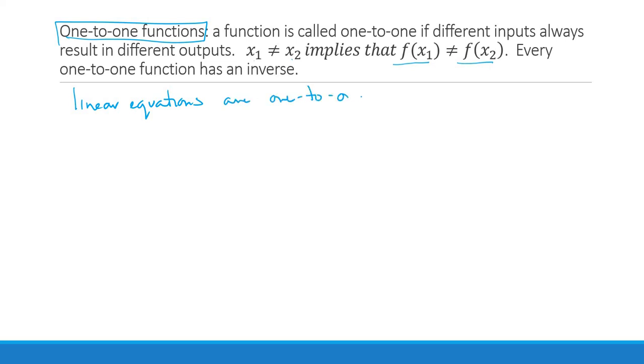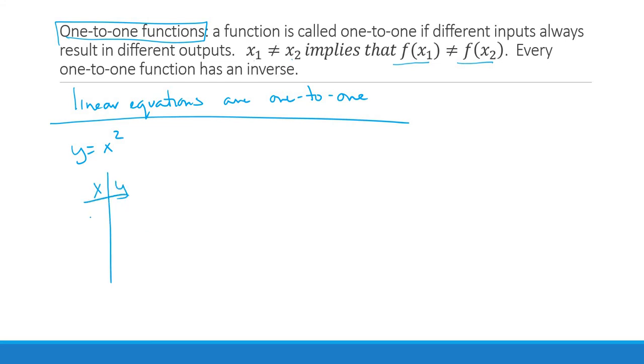It's easiest to see this if maybe we look at a function that is not one-to-one. Let's look at y equals x squared. If I put in a value for x of -2, my y value is 4. If x is -1, y is 1. If x is 0, y is 0. If x is 1, y is 1. And if x is 2, y is 4.